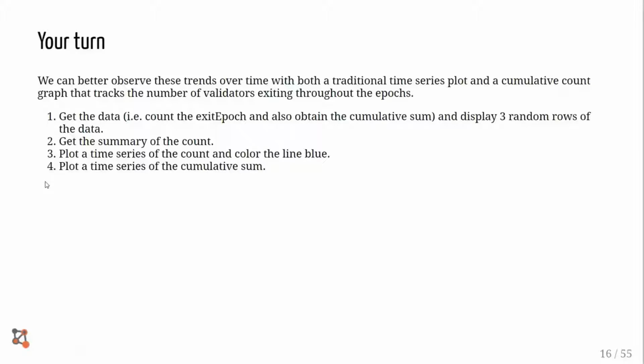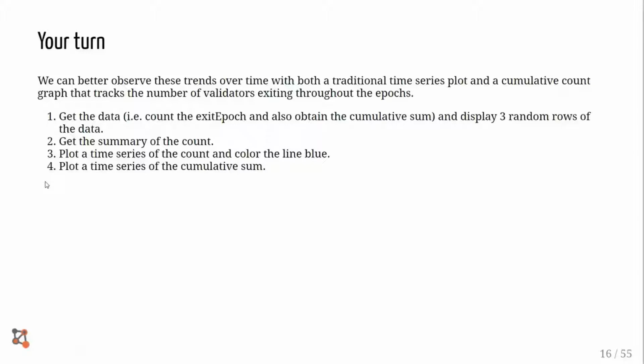We can look at these trends over time with a time series plot and a cumulative count graph that tracks the number of validators exiting throughout the epochs. So you will try to get the data, which is counting the exit epoch and obtaining the cumulative sum, and then display it through random rows.